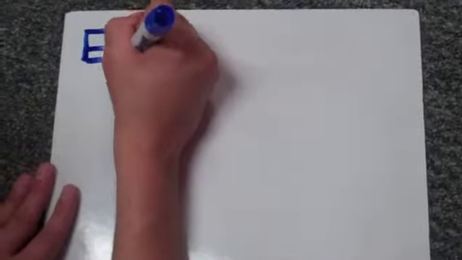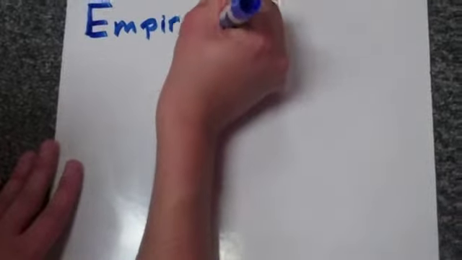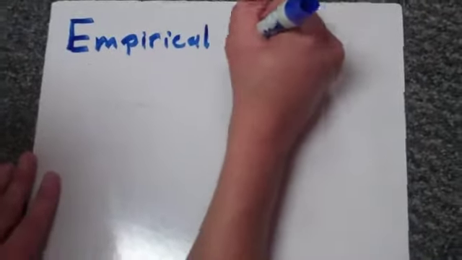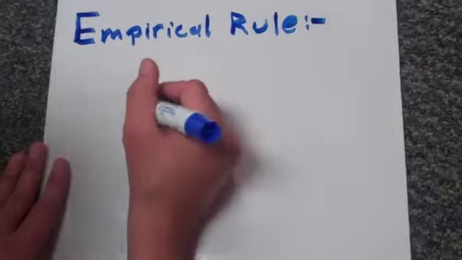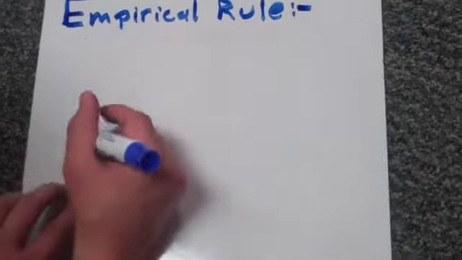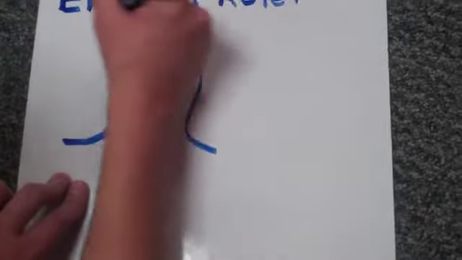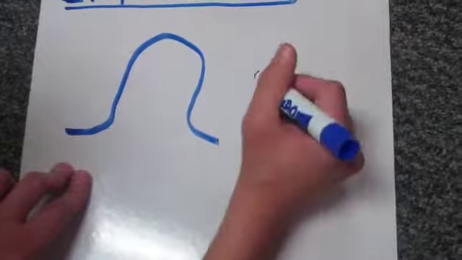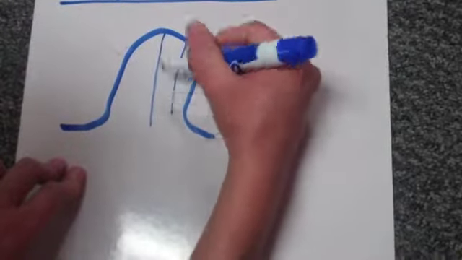So, I'm going to be teaching you guys the empirical rule. Sounds kind of complicated, but to be honest, it really isn't that complicated. Basically, all normal curves follow this one rule, where a certain amount of data will be distributed within a certain percentage.